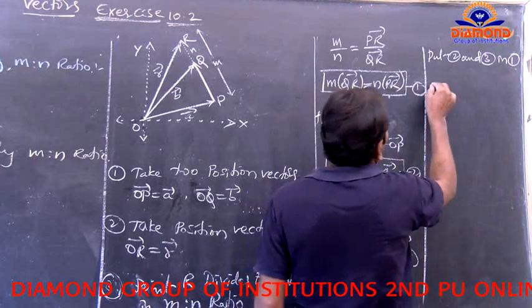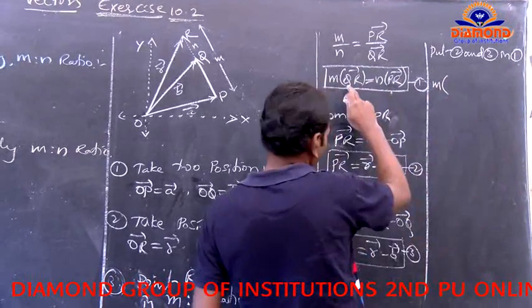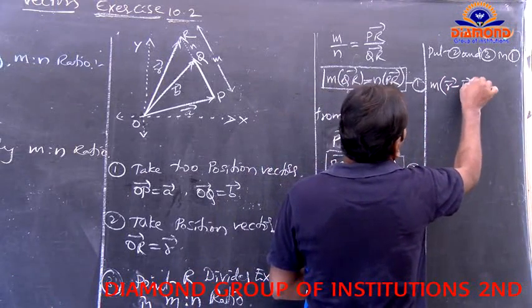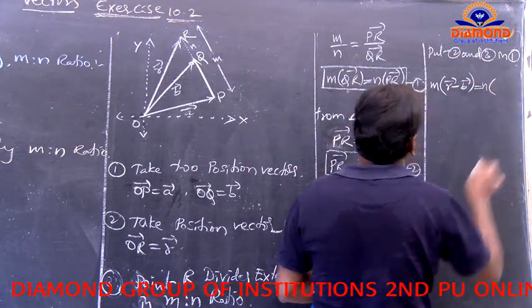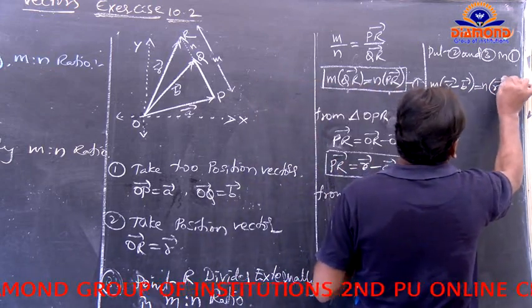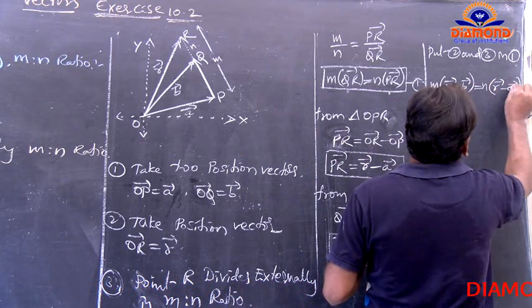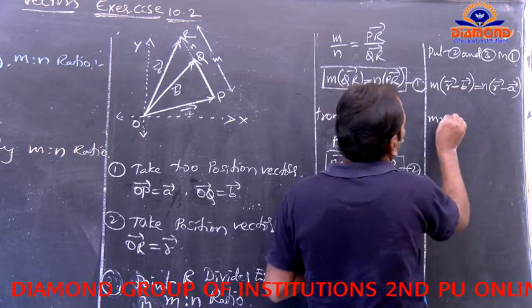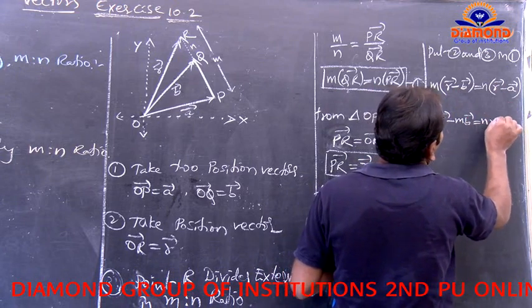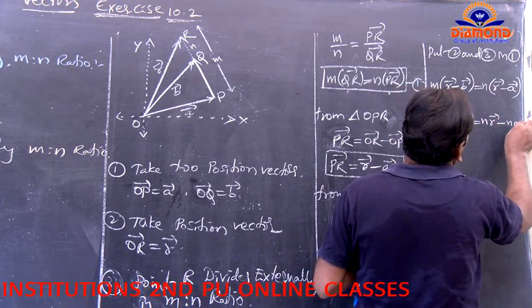So M into QR. QR means R bar minus B bar equal to N into R bar minus A bar. So M R bar minus M B bar equal to N R bar minus N A bar.